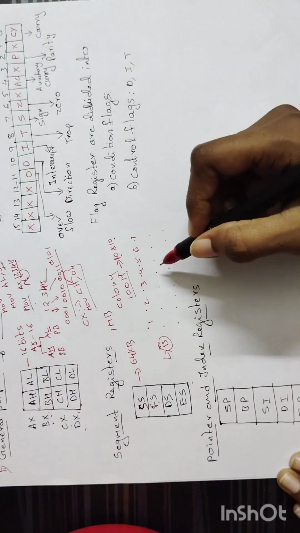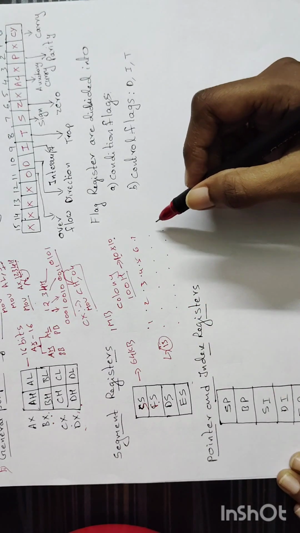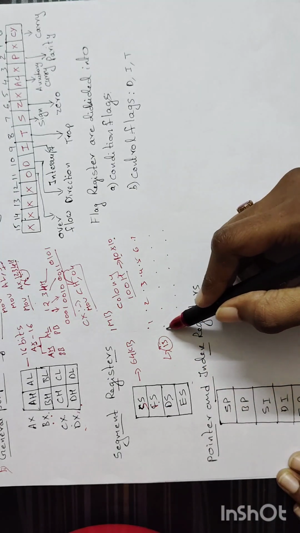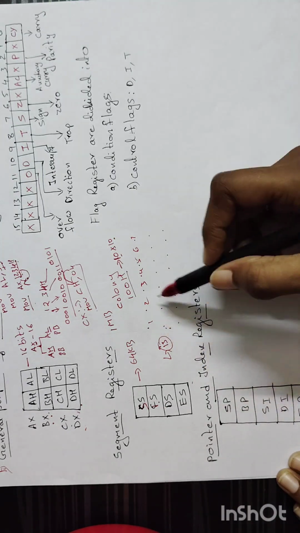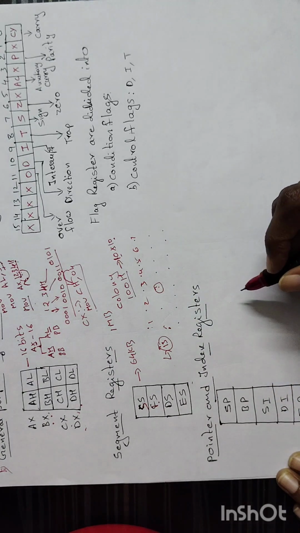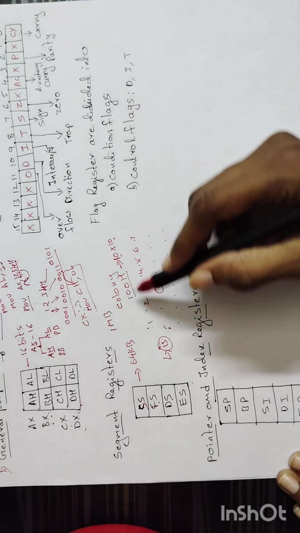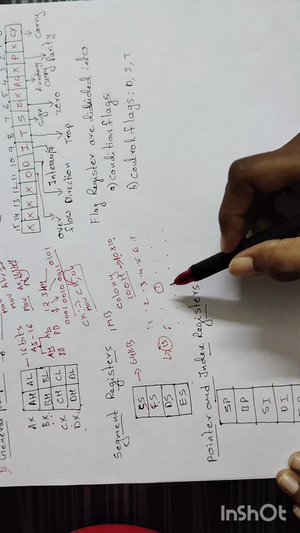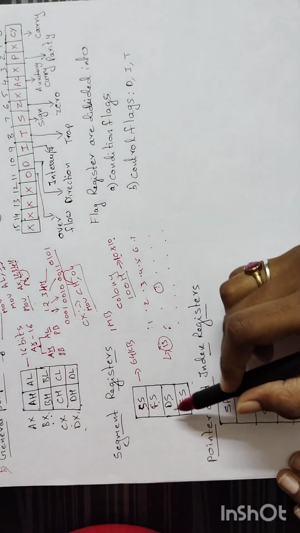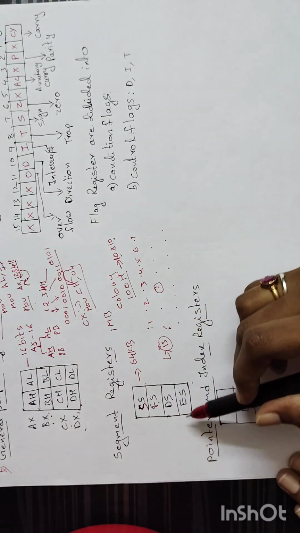All the houses having numbering, we can easily identify the house. We go to the second row and third house. In the same way, the segment registers are used to identify where we have to store the data and where we have to store the code.